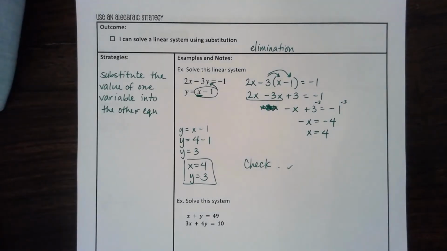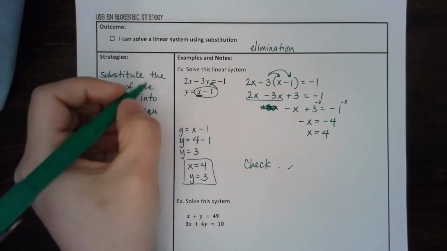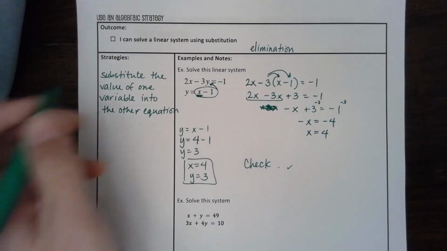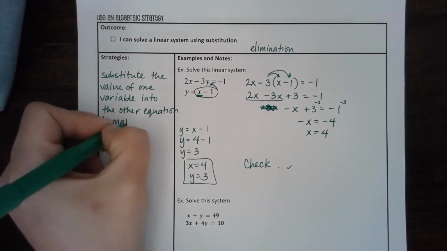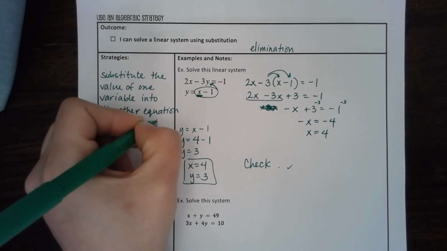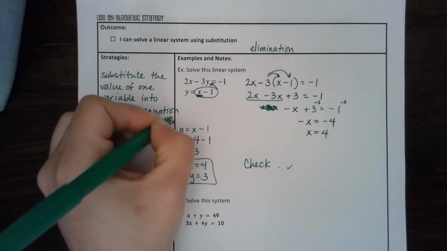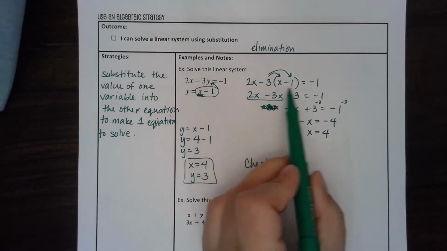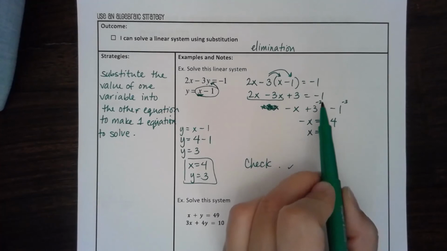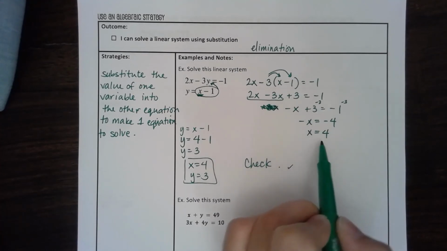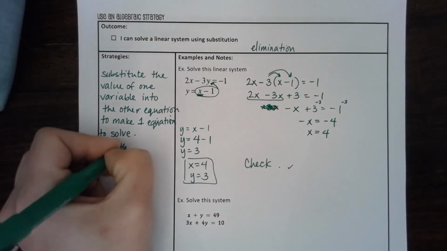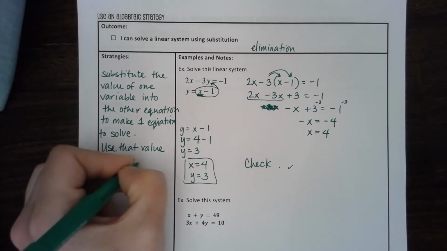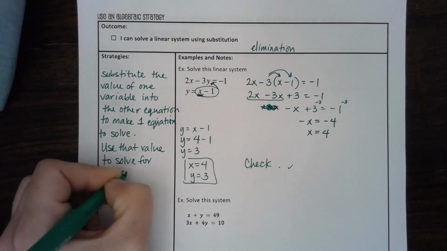So we had that isolated y, and that meant y is equal to x minus 1, and we substituted that value into that top equation to make one equation to solve. So we made this one equation here that we used our good algebra skills to solve for, and then we used that value to solve for the second variable.